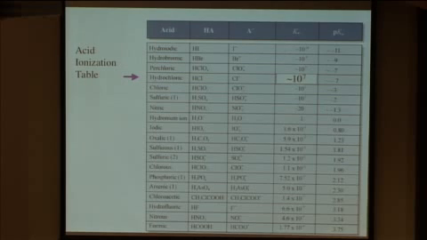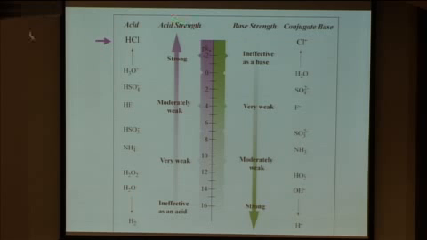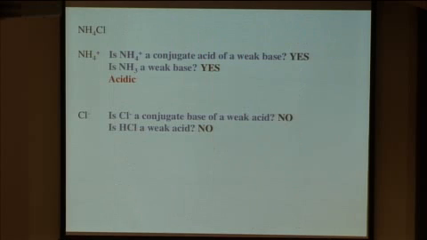No. So we could look it up if you didn't remember it. 10 to the 7th, definitely not weak, very, very strong acid. And if something is a strong acid, its conjugate is ineffective as a base. So Cl minus is ineffective as a base, so it's going to be neutral here. So overall, you have something that's going to be acidic with something that's going to be neutral. So overall, it'll be acidic.